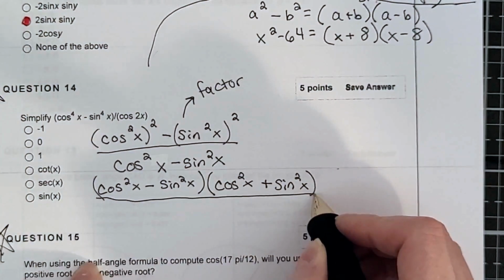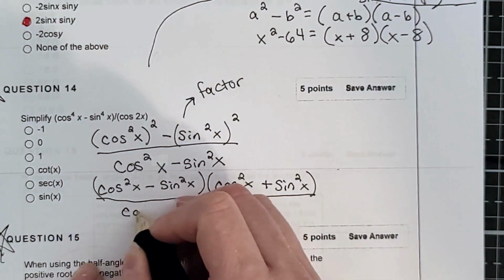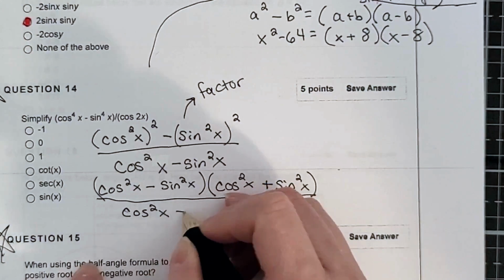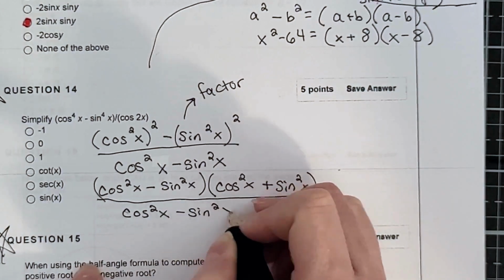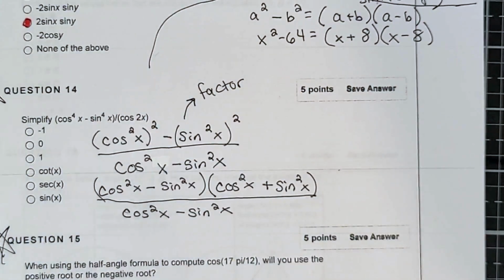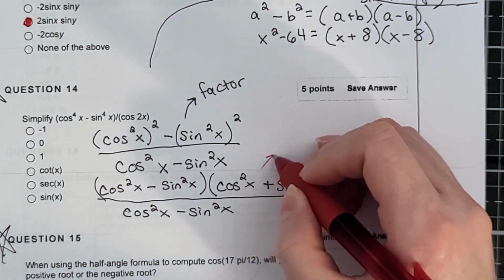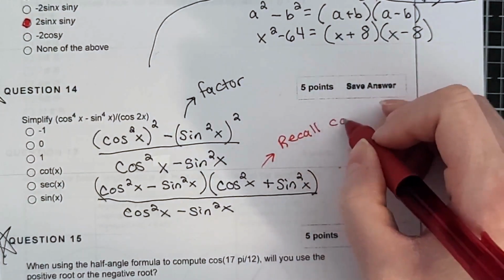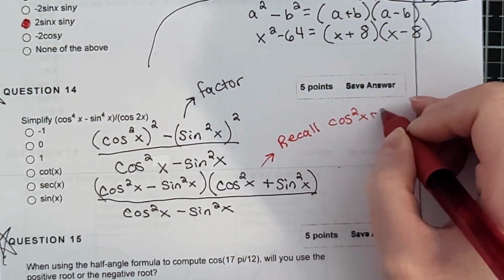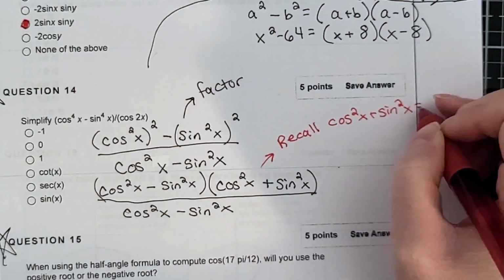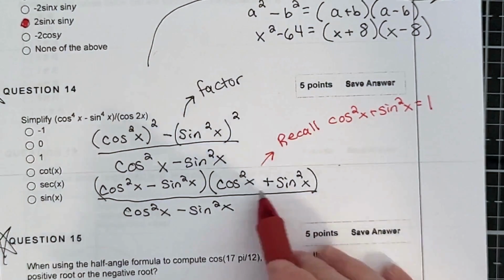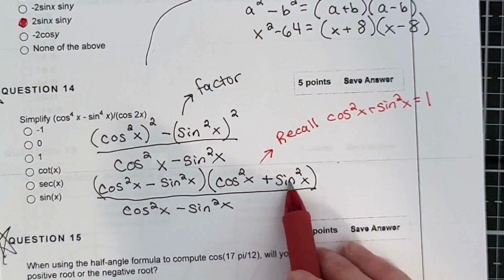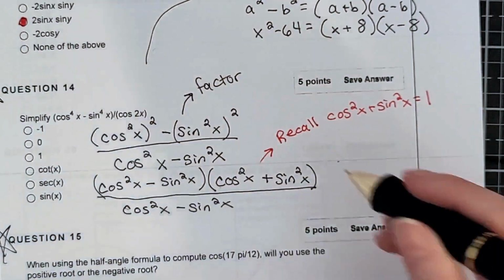Okay, divided by cos squared x minus sine squared x. All right, now this is going to make you recall right here. So recall cos squared x plus sine squared x equals 1. So this whole thing is just equal to 1, so it's basically not there.